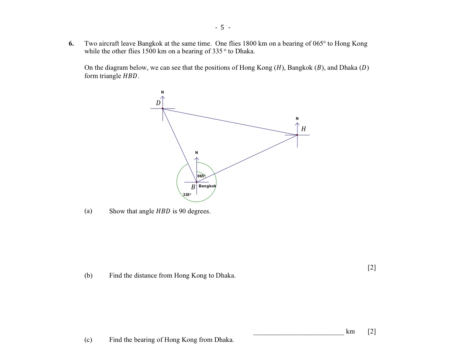And then also we can see that the bearing of 65 degrees to Hong Kong, there it is, there's the angle, right? The only thing that we would need to do is label this side 1,800 kilometers, right? Then the other sentence, the other plane flies from the same location, 1,500 kilometers on a bearing of 335 degrees to Dhaka.